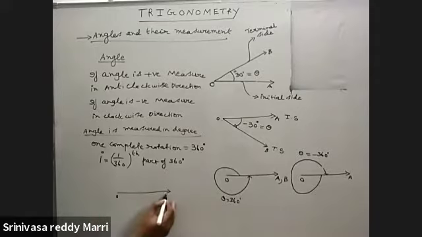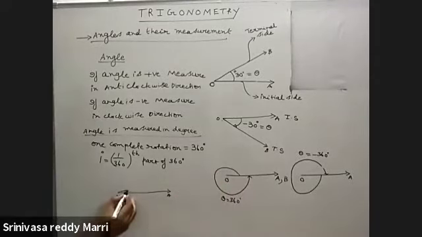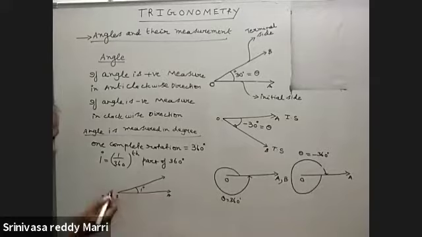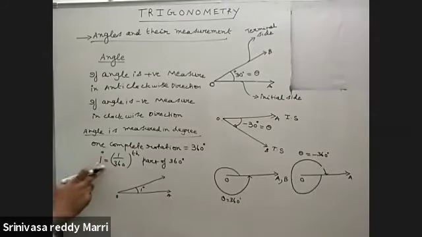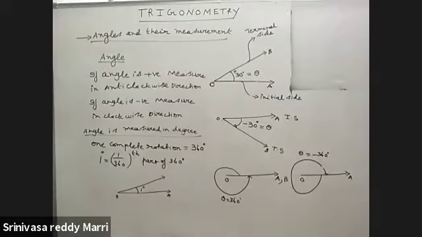This is OA. In this complete rotation, 1 by 360th part means it will be a very small angle. This is 1 degree, a positive angle. For a negative angle, on this side, it is minus 1 degree. This is considered 1 unit for measuring the angle.